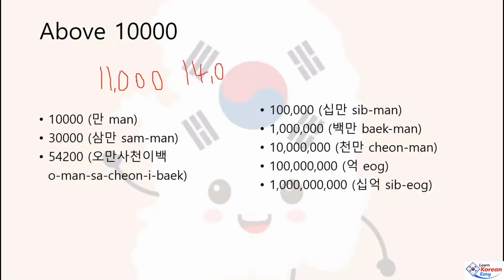14,000. Same thing. 14. 1, 2, 3, 4, 5, 6, 7, 8, 9, 10, 11, 12, 13, 14. That's 14, right? So 14,000. So 14만. Boom. Excuse me.